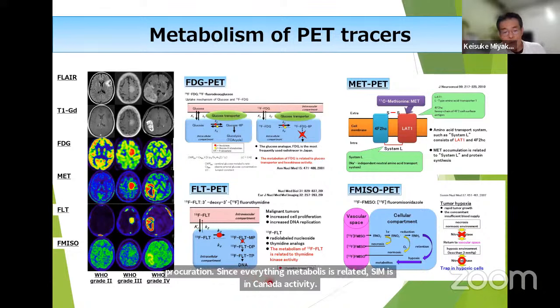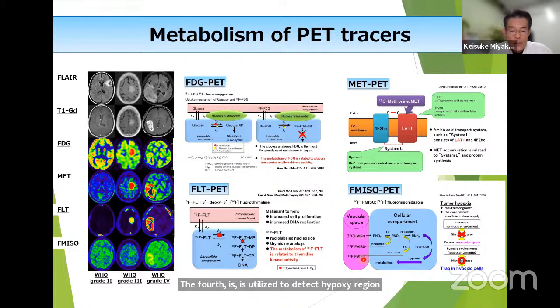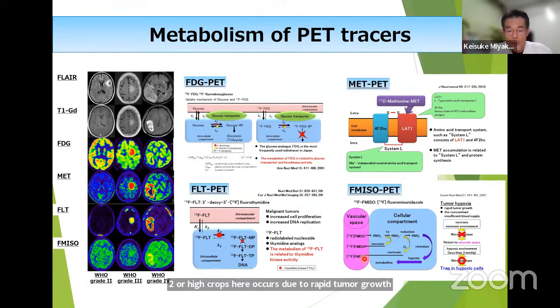The fourth PET tracer is utilized to detect hypoxic regions within tumors. Tumor hypoxia occurs due to rapid tumor growth and results in inadequate blood supply. This condition leads to significantly lower oxygen levels compared to normal tissue. So we employed fluoromisonidazole PET tracers for hypoxic imaging.